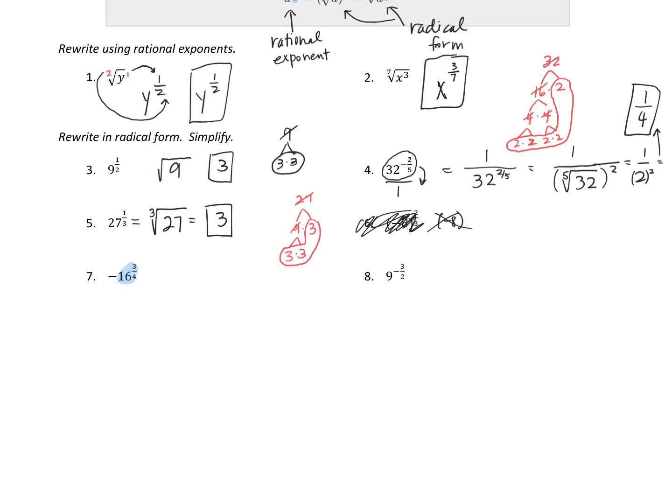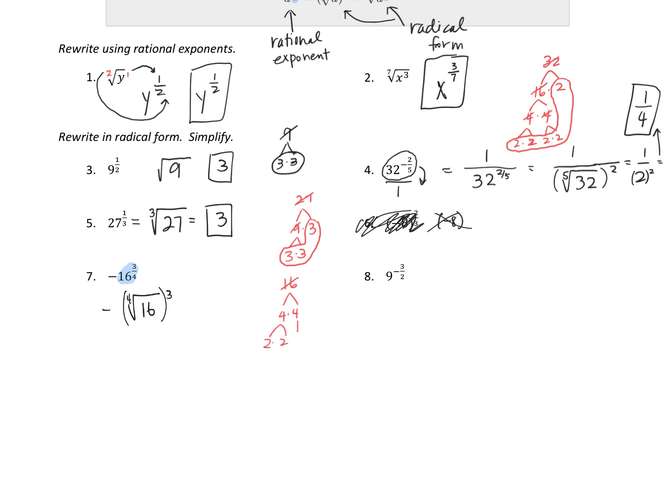So we have a negative just coming down with it. We have the root and 16 is the base. The exponent is 3 and the index is 4. So we want to take the 4th root of 16 first. If I make a factor tree, this is 4 times 4.